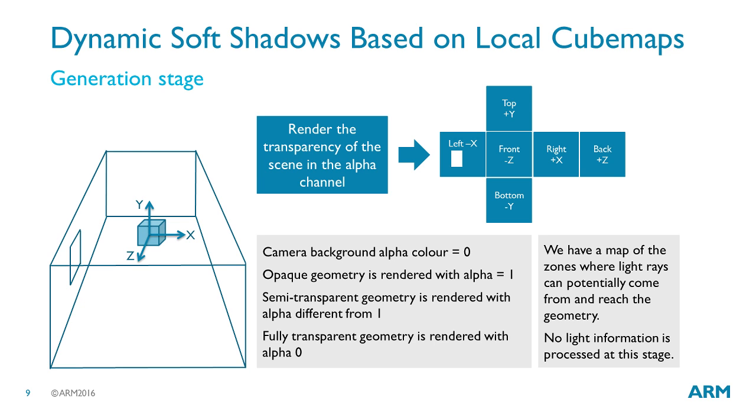This technique is based in 2 stages. During the first stage, we will render offline in the alpha channel of the cube map the transparency of the boundaries of our scene. For example, if in this room we place the camera in the middle, we will render in the alpha channel the transparency of the walls, of all the roof and the floor, and all the geometry.